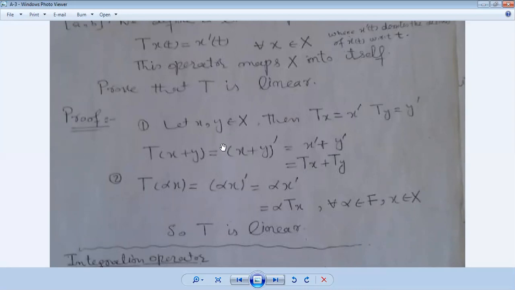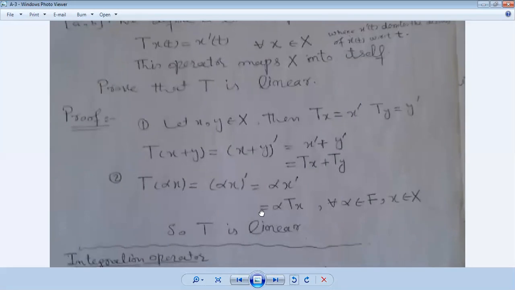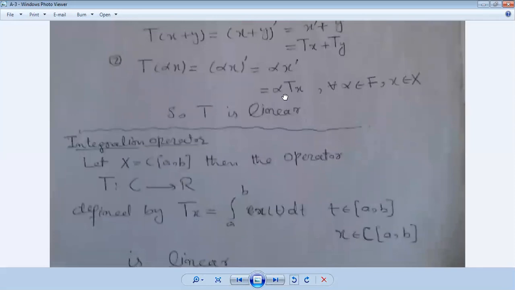And if a scalar is multiplied with a function, the derivative of alpha x is equal to alpha times the derivative of x. By this information, we can write it in this form, and the two conditions of a linear operator are satisfied.